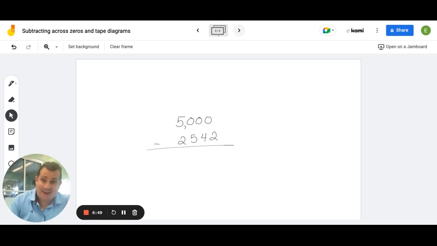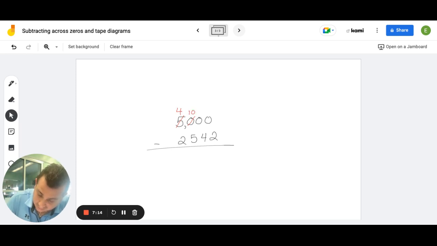So I go next door, and it's still 0 minus 4. So I'm going to the 5 in the thousands place, and that 5 is going to become a 4.